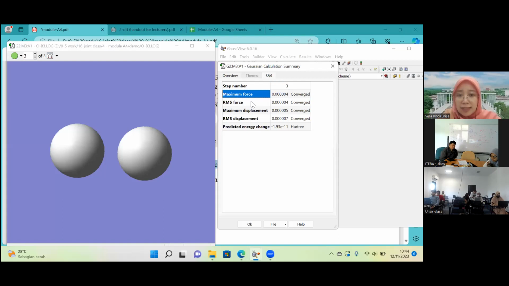So for each criterion, there is information whether it is converged or not. So this is all converged. And then you can also check the job CPU time here.